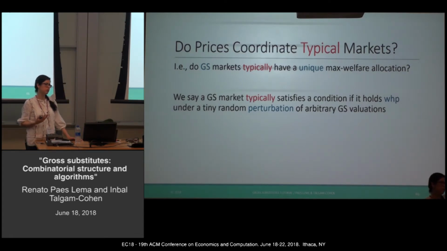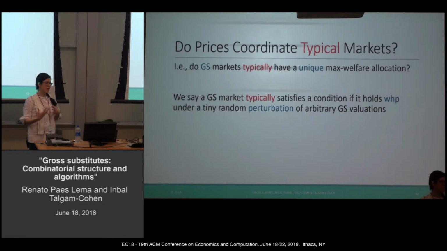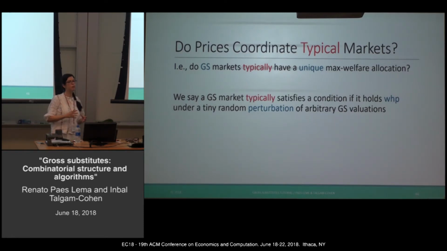How would you say that a typical market has some property? So I argue that a market typically satisfies some condition if you can start from any arbitrary market, perturb it a little bit, add some random noise, and then you get to a market which has this property with high probability. And the idea is a little bit like smooth analysis.